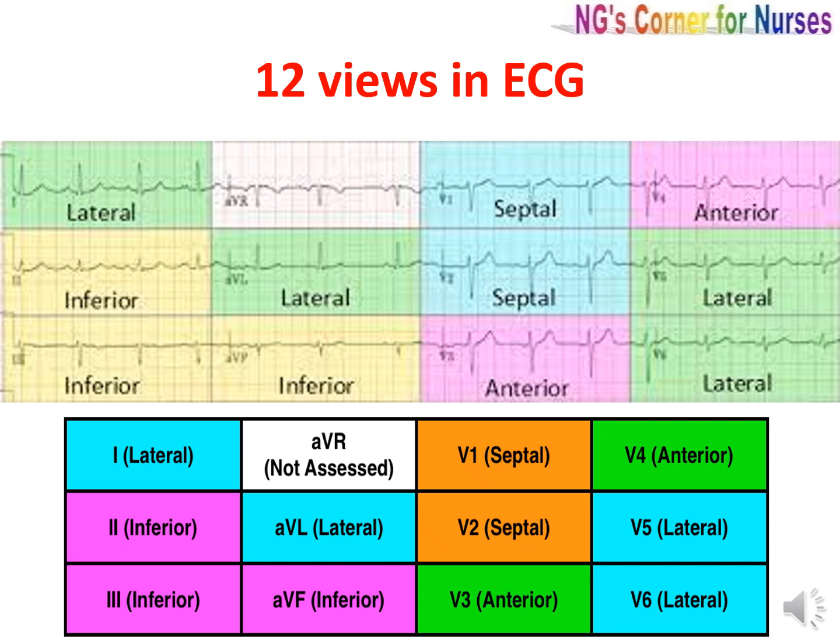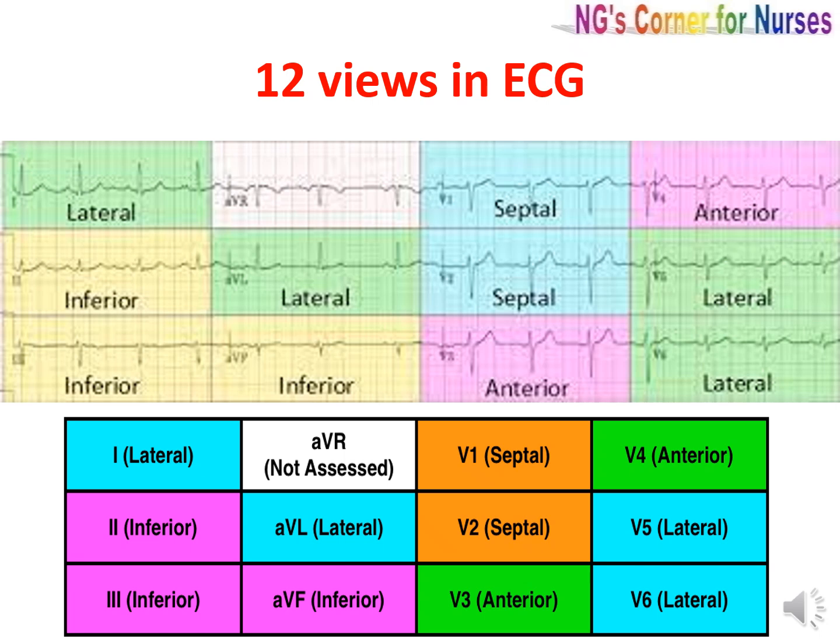In previous slides, we have already learned that a 12-lead ECG provides 12 different electrical views of the heart generated by 10 electrodes placed on the body. Here we can see an example of an ECG graph paper, and each lead offers a unique perspective of the heart's electrical activity.